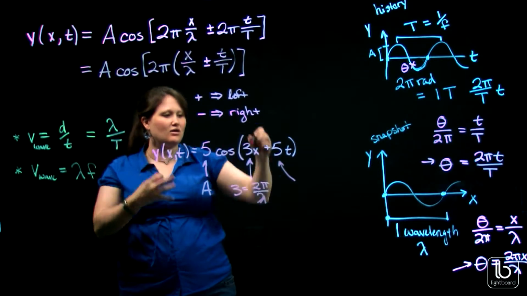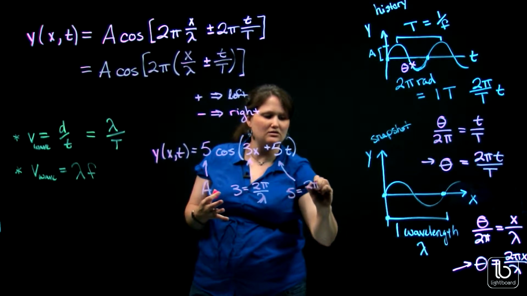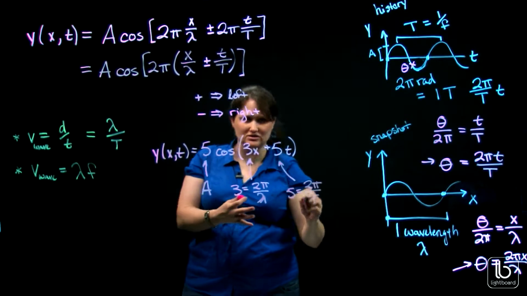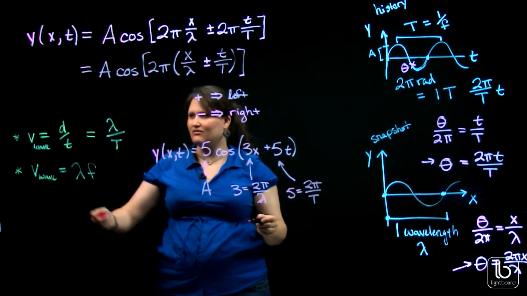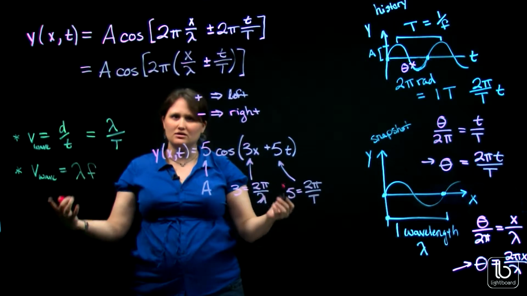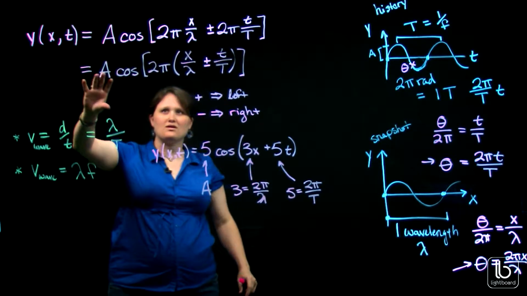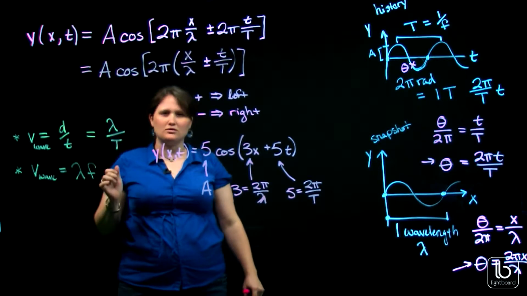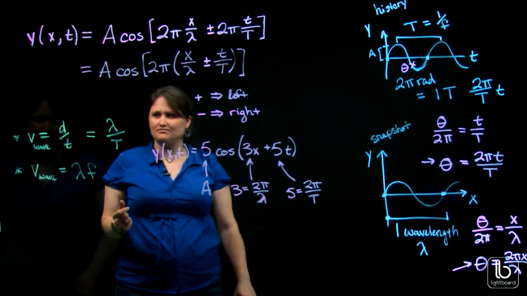So 2 pi over period. 5 equals 2 pi over period. Solve for period. Once you have solved for lambda and for period, you can find frequency. You can find the speed of the wave. So this is actually a really powerful form of an equation.